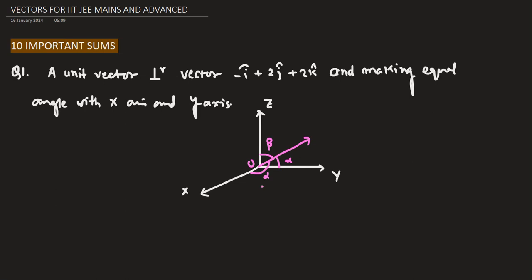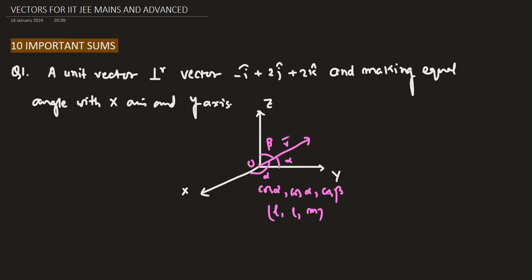So what we know is that this is cos alpha, the direction cosine, again cos alpha, and then the direction cosine is cos beta. So here l, it is also l, and we call this m. So we already get the direction cosines of this vector.